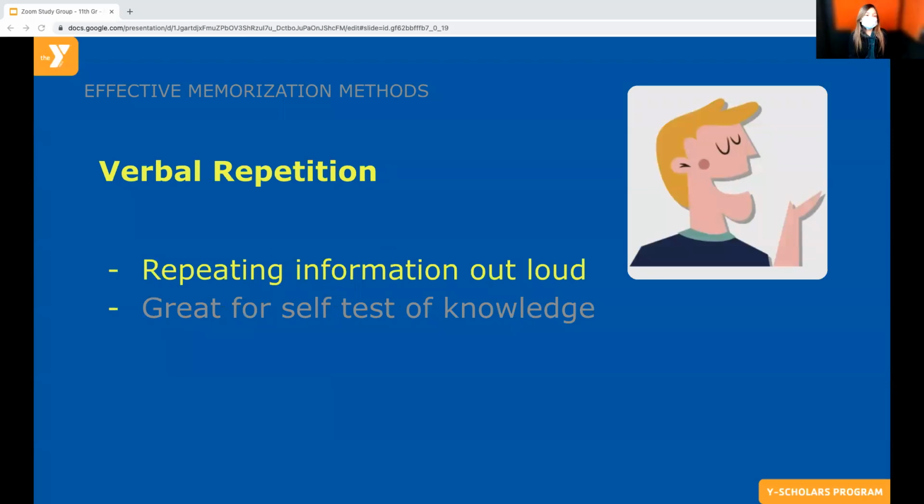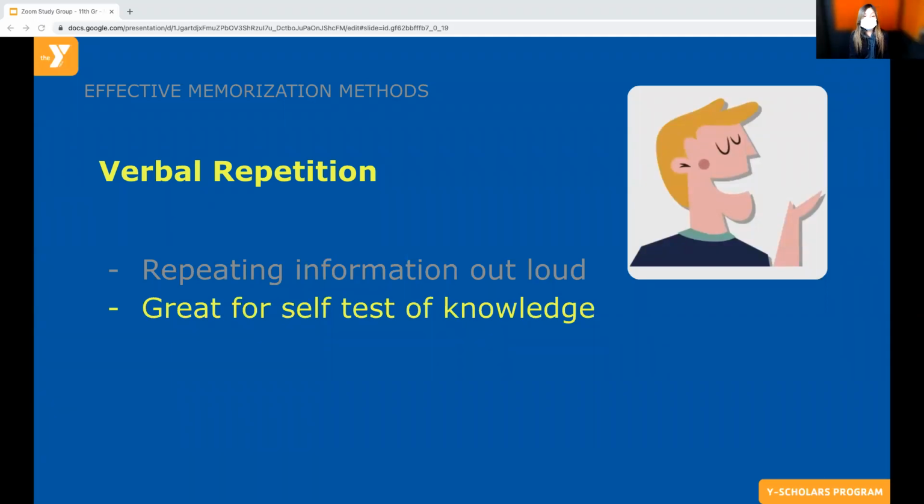So verbal repetition. This is often the common approach we take when we want to memorize something. Verbal repetition comes in the form of repeating information out loud, and it's great for your self-test and knowledge. As we could see, when we apply verbal repetition, there are a few limitations. What are some limitations you think there are to verbal repetition?